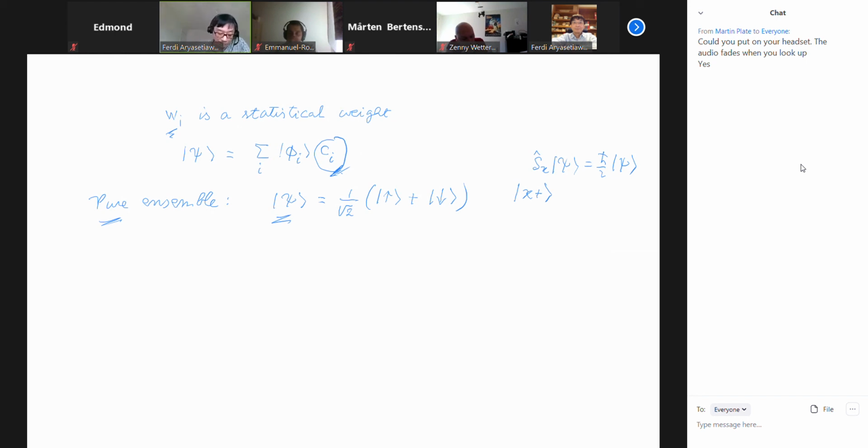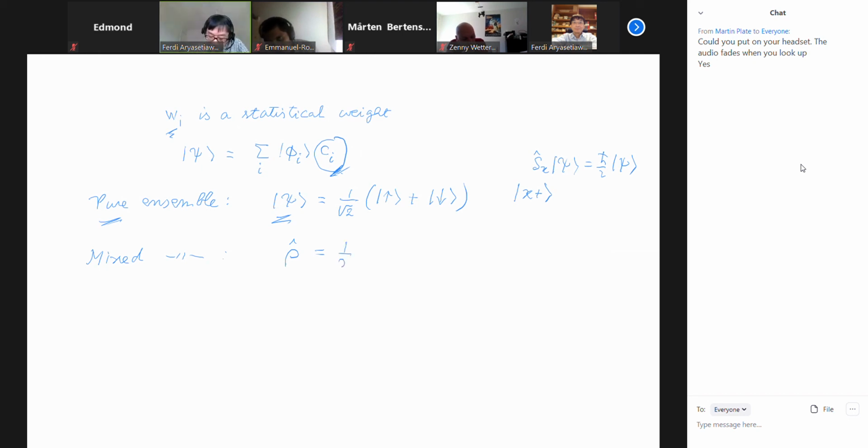So in the case of a mixed ensemble, this is just an example. Let's say we have a mixed ensemble. The mixed ensemble is characterized by the density operator. The density operator is very important because that characterizes the ensemble.